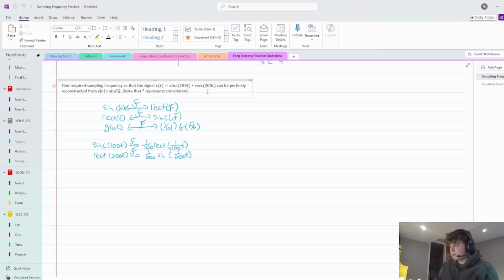So using these and knowing the property that a convolution, when doing a Fourier transform, becomes multiplication, you can put these together and you have 1 over 20,000 because you're multiplying 1 over 100 by 1 over 200, rectangle of 1 over 100t times the sinc of 1 over 200t.